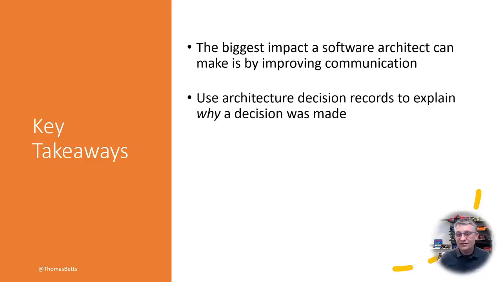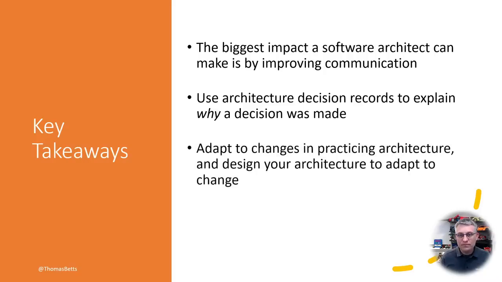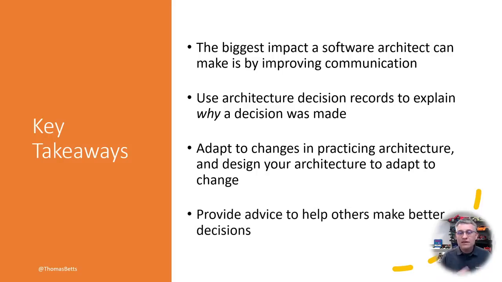When making decisions, use architecture decision records to explain why a decision was made. Be adaptable, both in how you practice architecture and in the architecture that you design. Finally, be a leader by providing advice to help other people make better decisions.